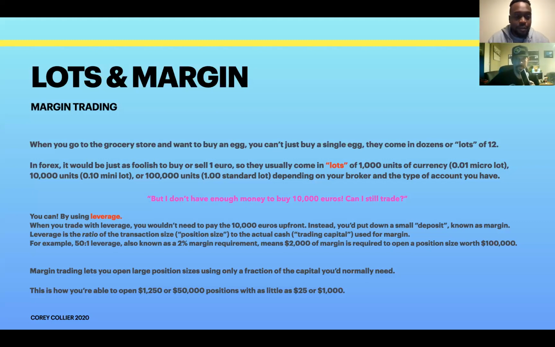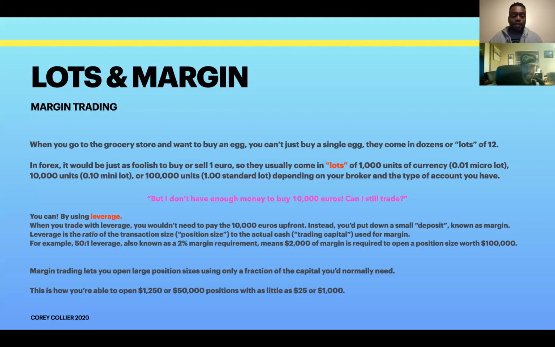Margin trading lets you open large position sizes using only a fraction of the capital you normally need. This is how we're able to open $1,250 or $50,000 positions with $500 accounts, $25 accounts, or $1,000 accounts, because of the leverage we're using.